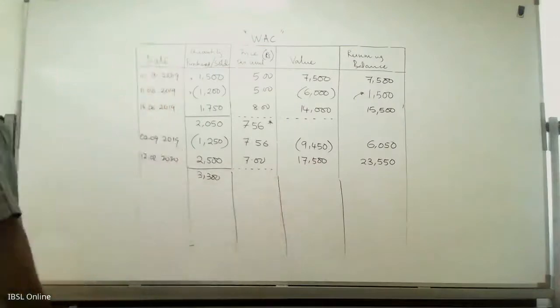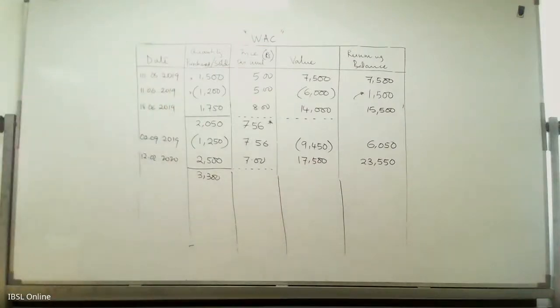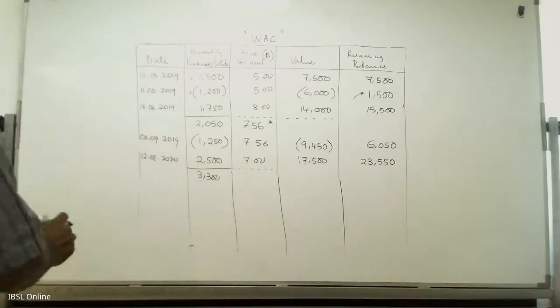And what will be your price? What will be your price? 23,550 divided by 3,300. So that comes to 7.14.